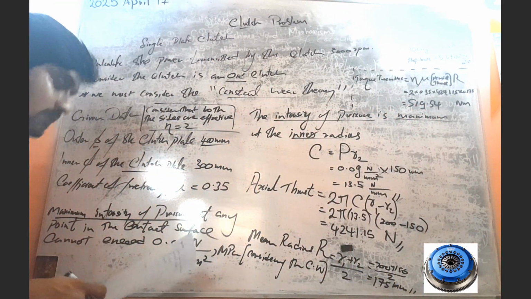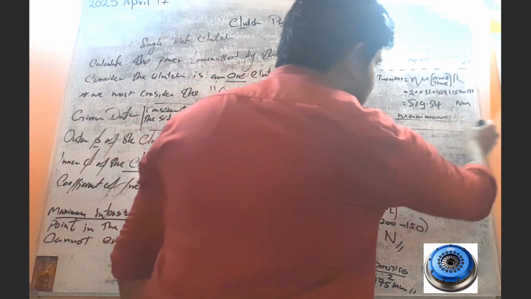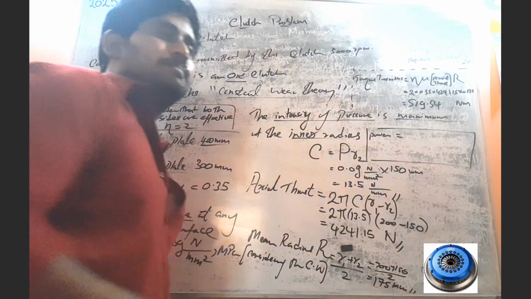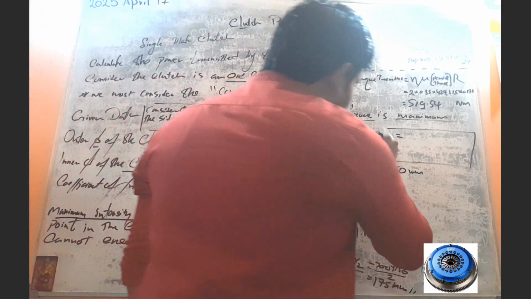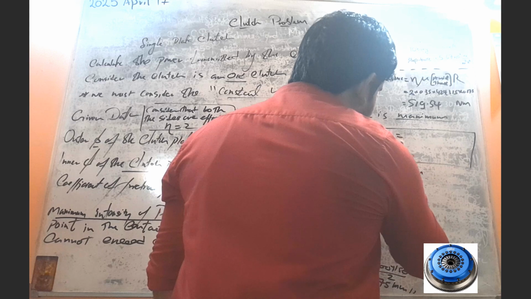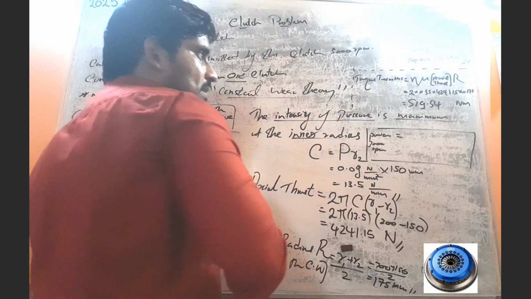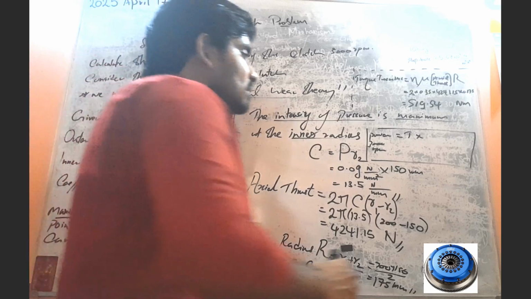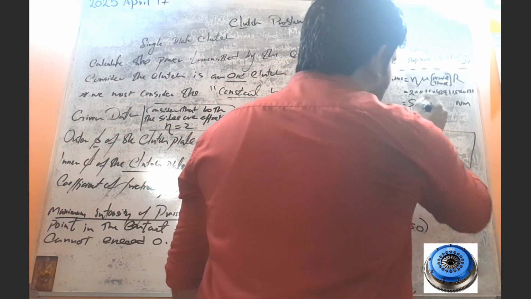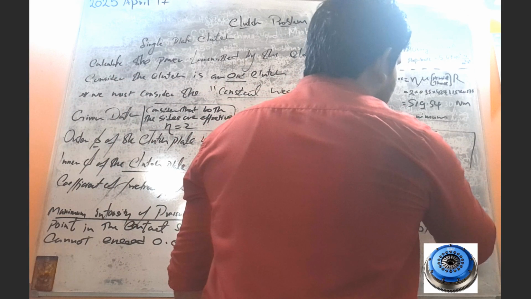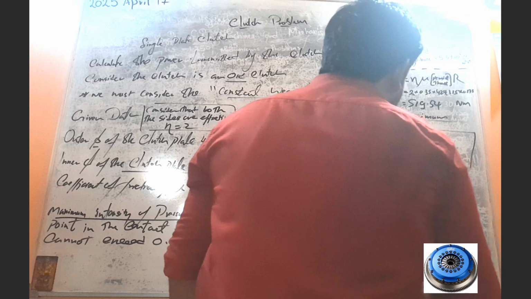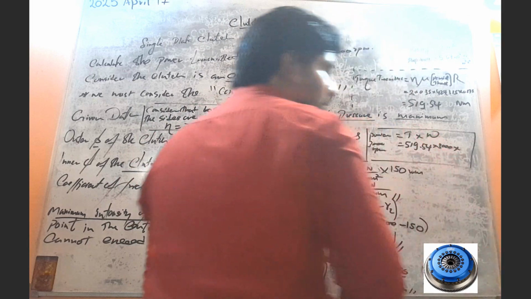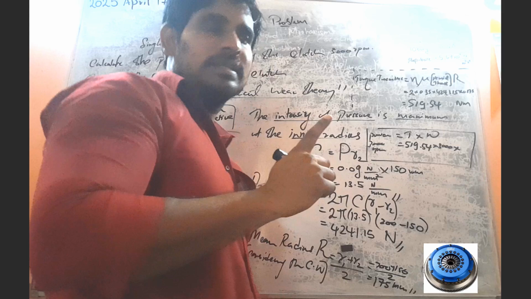So then what is the power? The last part. The power transmitted at 3000 RPM will be the torque transmitted times the angular velocity, omega. The torque is 519.54. RPM is given as 3000 revolutions per minute. So multiply by 2 pi, because one revolution contains 2 pi radians.